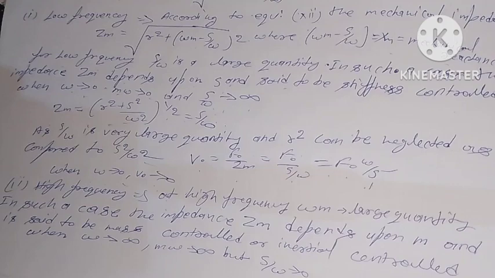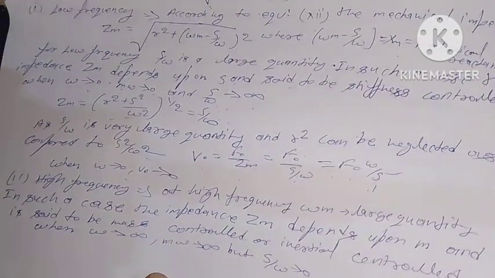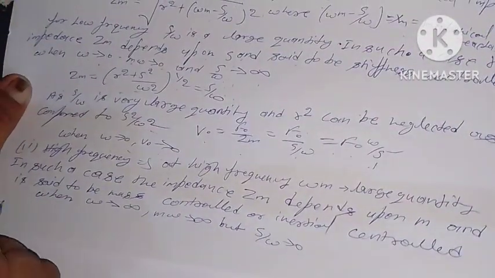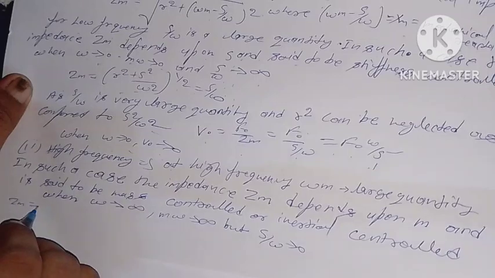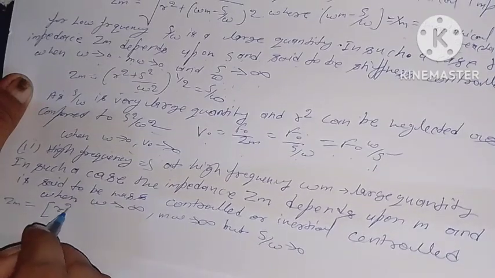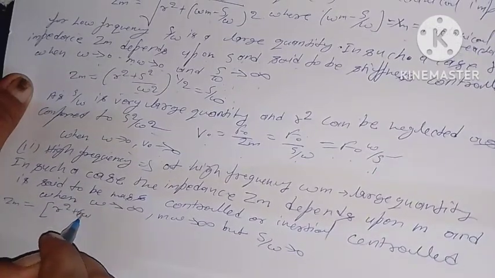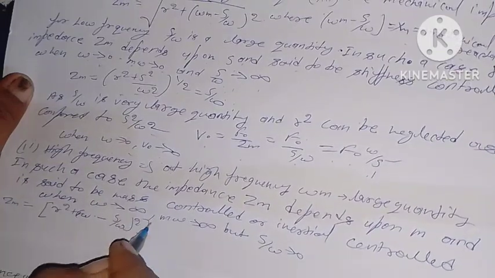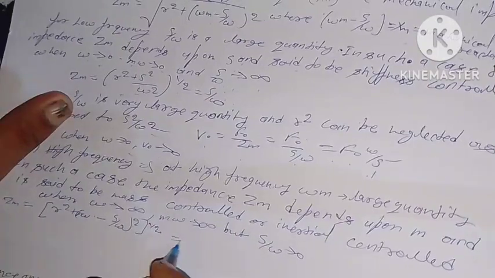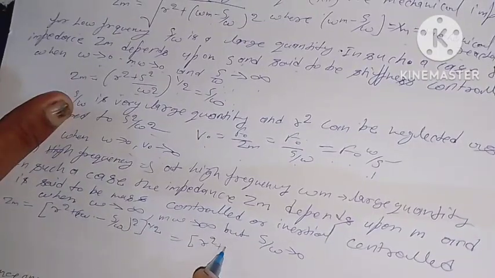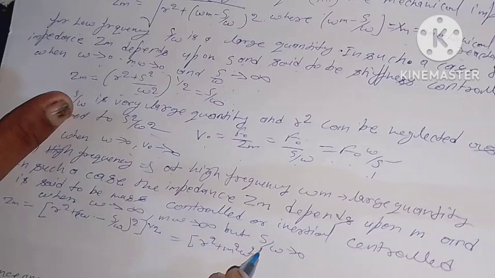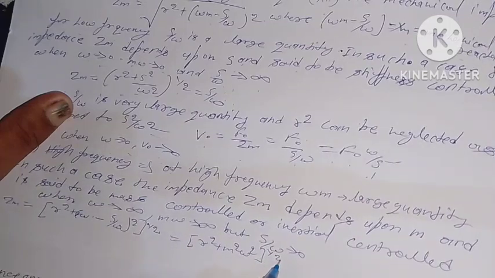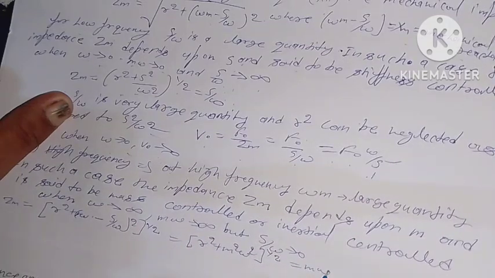Then Zm equal to in bracket r square plus m omega minus s by omega whole square, all to the power 1 by 2, equal to in bracket r square plus m square omega square, all to the power 1 by 2, equal to m omega.